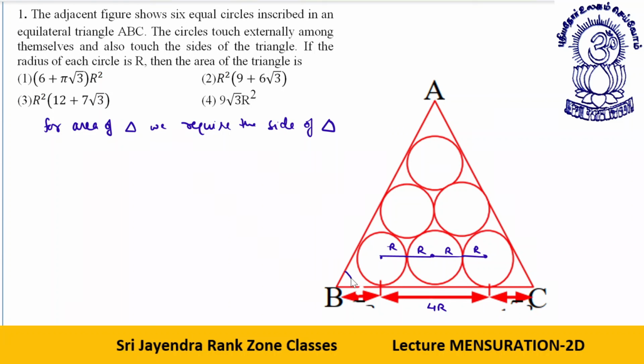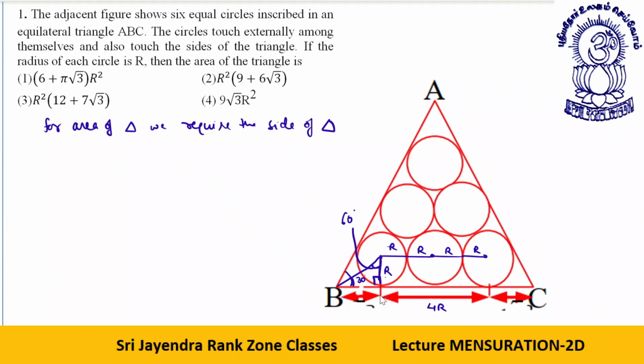Now I know this angle is 60 degree. This angle is 90 degree. This angle is 30 degree. Okay, dear friend, this is r. So if side opposite to 30 degree is r, then the side opposite to 60 degree will be, so now this angle is 60.